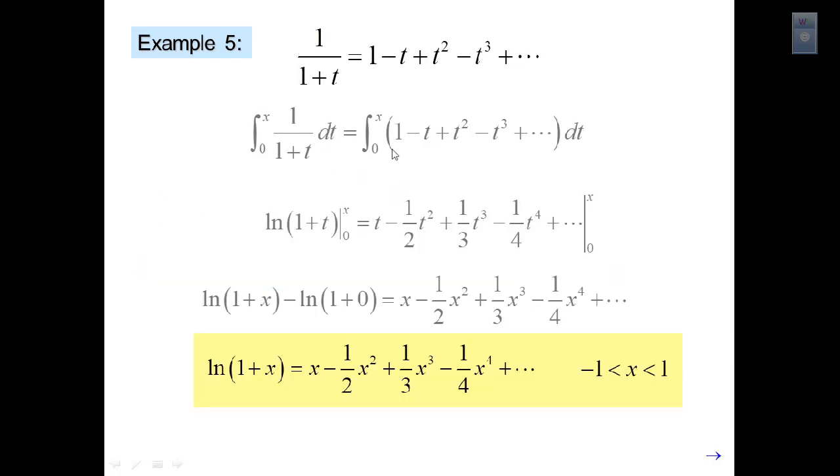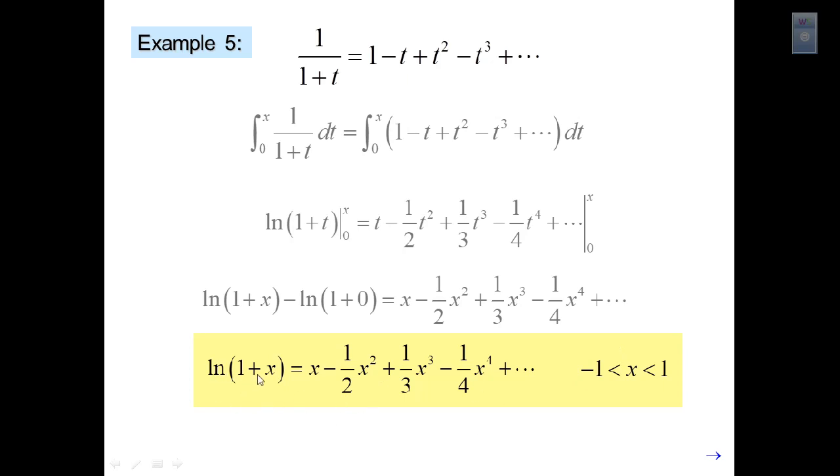Now, just to show you another way you can think about getting rid of that plus c: you have 1 over 1 plus t instead of using x, and then you integrate from 0 to x. So you're going to end up substituting in the x all the way through. When you do that, you have to evaluate this thing at x and at 0, and you're going to have the c minus the c, and they're going to cancel out.